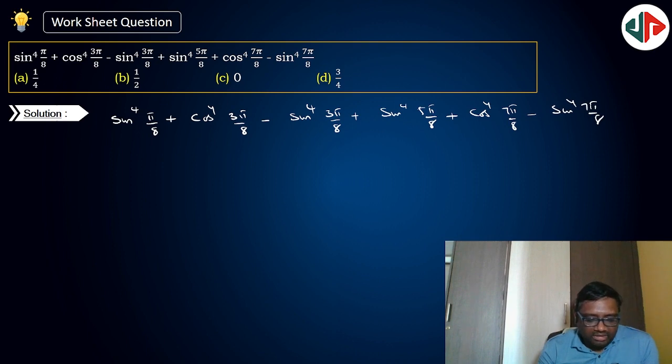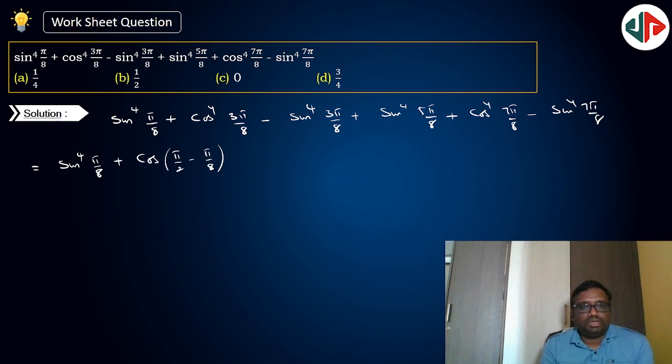Now this value we can rewrite as sin^4 pi by 8. This we can rewrite as cos^4 of pi by 2 minus pi by 8. Then it is nothing but 3 pi by 8 only. Yes or no?